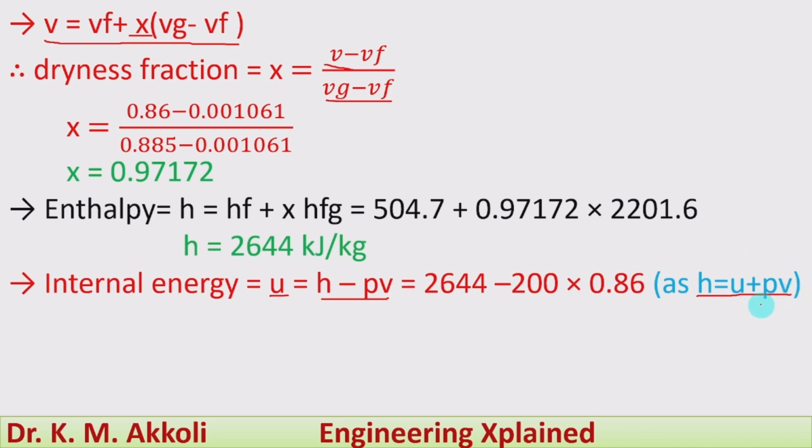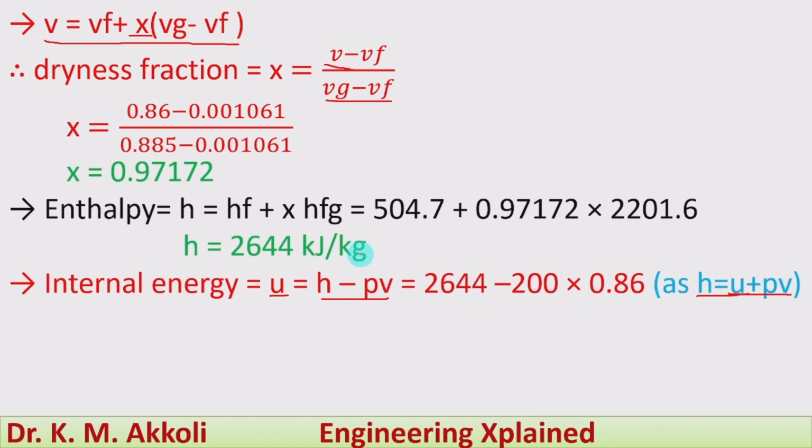This we know already by the definition of enthalpy, and from that we can separate u. Internal energy u equals h minus pv. Then h we have already calculated, 2644, minus pressure, which is 2 bar or 200 kilopascal, times the specific volume 0.86.